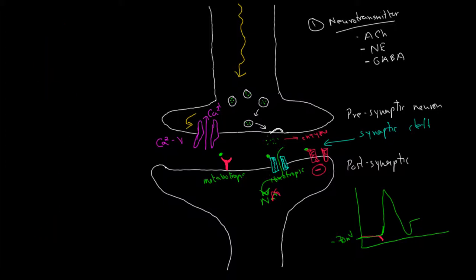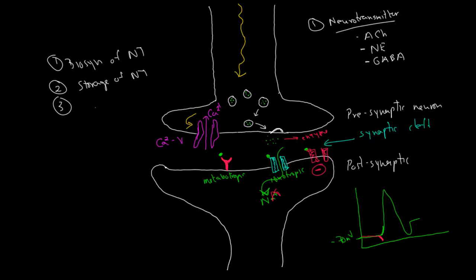So just as a quick review, and we can write it out real quick, there are a few basic steps that we should remember. First, there has to be biosynthesis of neurotransmitter, which is going to happen in the presynaptic side. Secondly, there's going to be storage of neurotransmitter, which we see in the vesicles here.